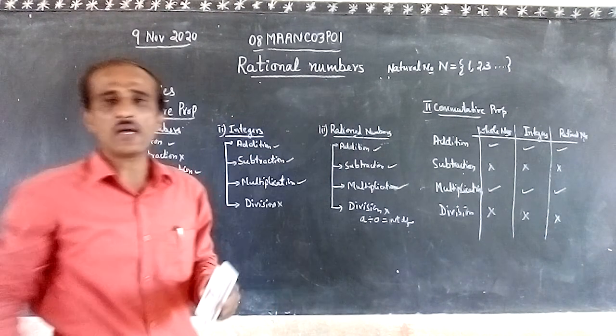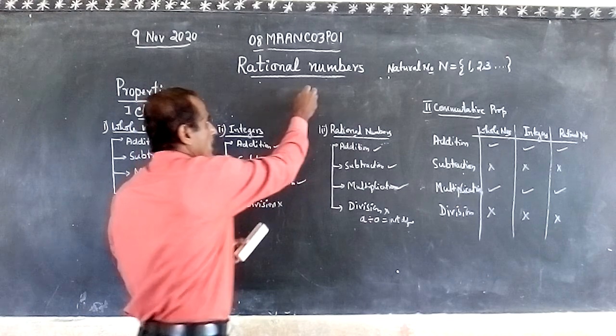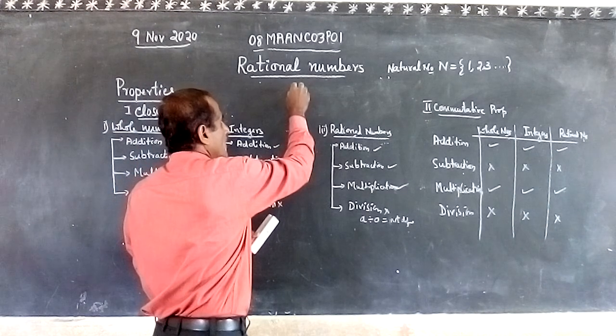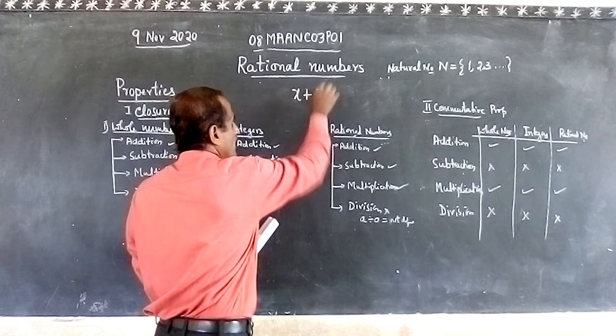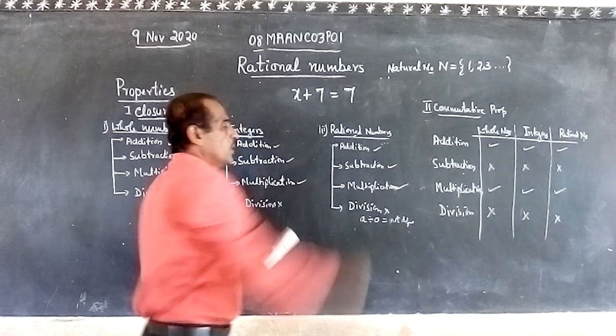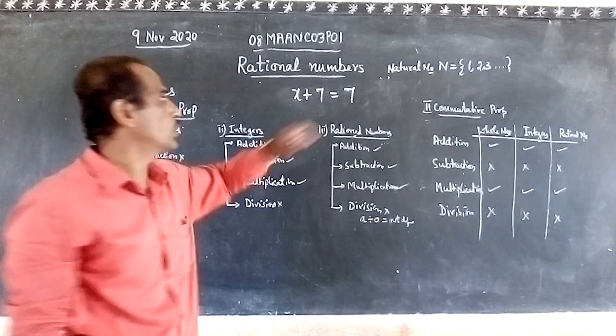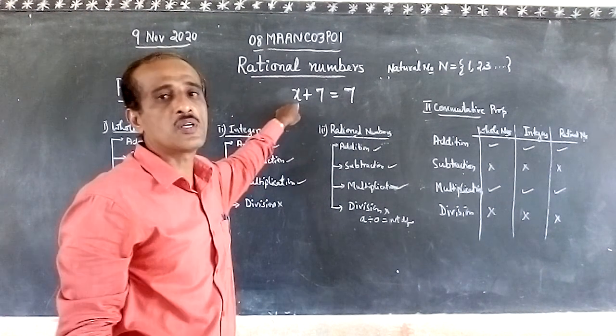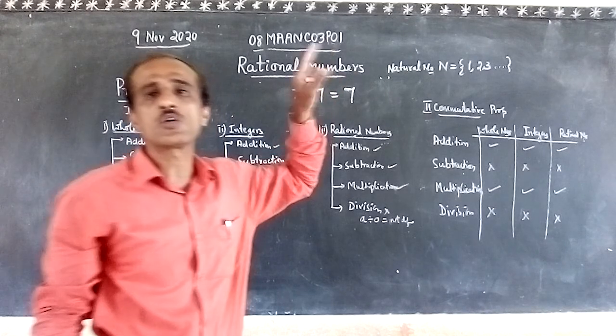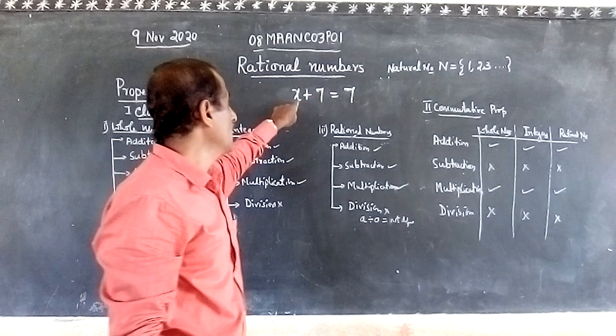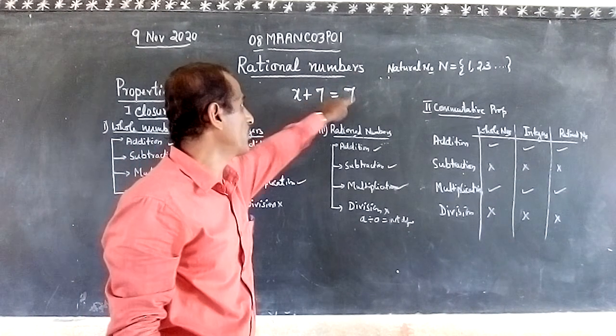Now, I will write another linear equation. Say x plus 7 is equal to 7. What value of x makes this equation true? Here, x plus 7 is equal to 7.